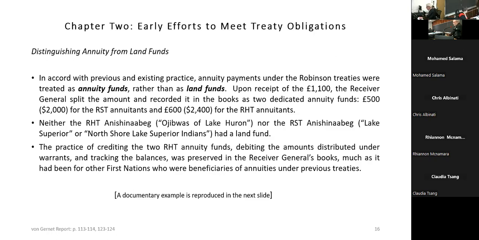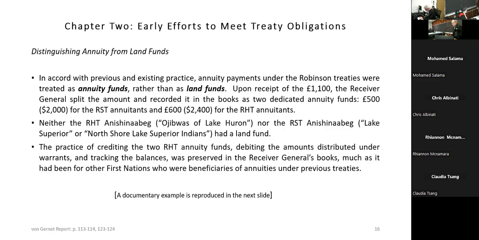So this 1,100 that the Receiver General received was split and then recorded in the books as two different dedicated annuity funds, the £500 or $2,000 for the RST and the rest for the RHT.